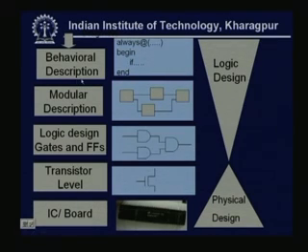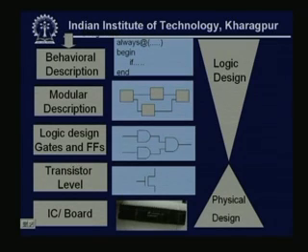Then the CAD tool will partition the whole system, and some modules will be generated from there. That means the original system is partitioned into some modules, and we call the second phase the modular description.